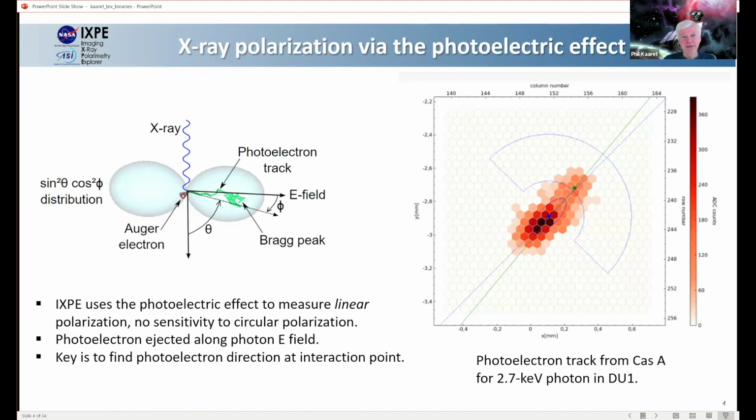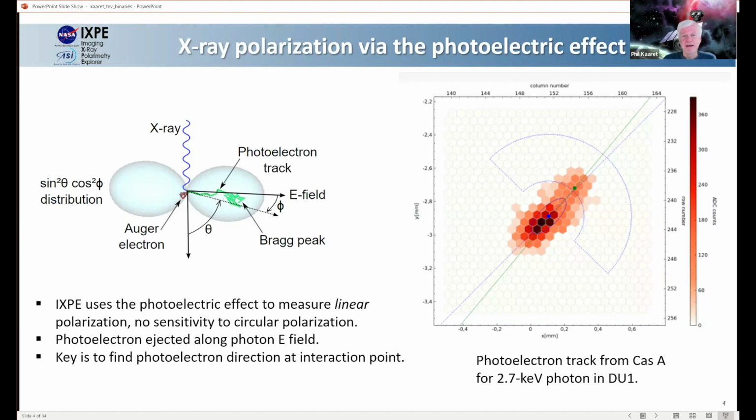And you can actually think of it as the electric field vector of the X-ray pushes a photoelectron out of the molecule. Okay, so that's our primary photoelectron. And the initial direction in which that photoelectron is emitted is determined by the electric field according to that sine theta cos squared phi distribution shown over there.